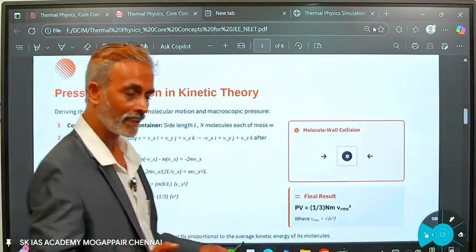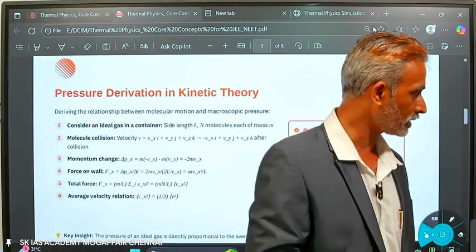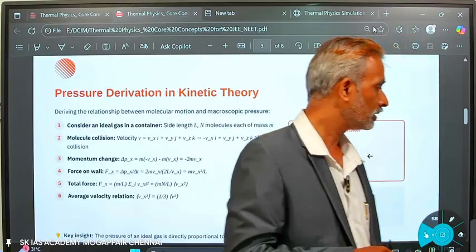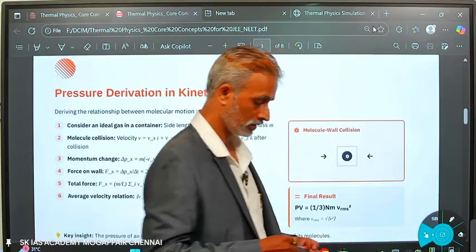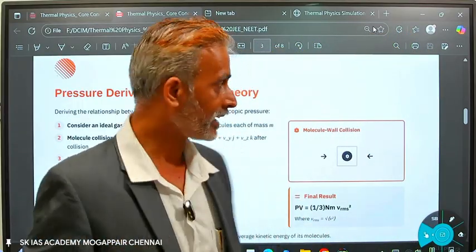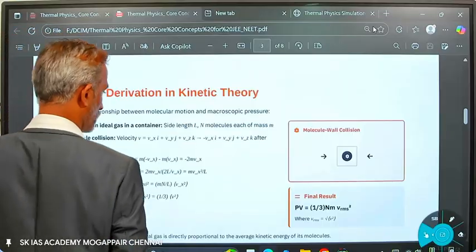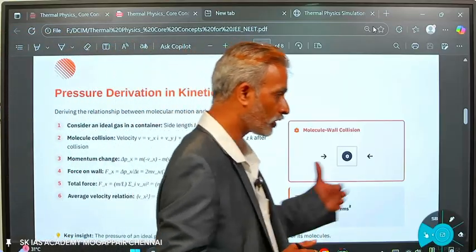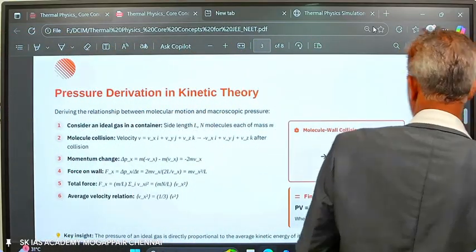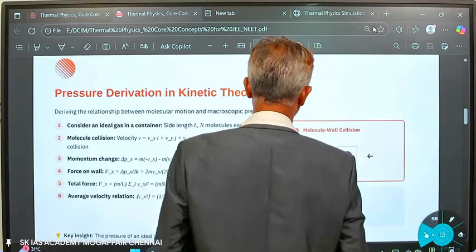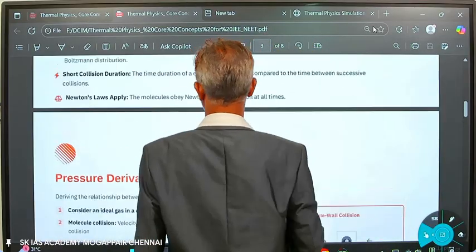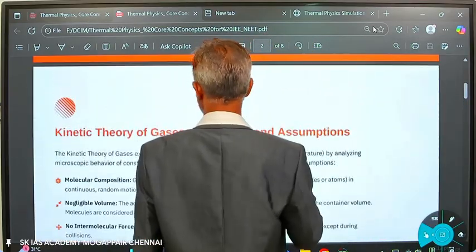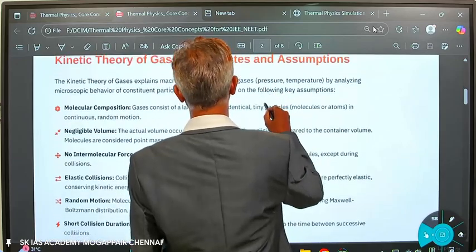So in an ideal gas, I started about 5 minutes back the kinetic theory of the gases.